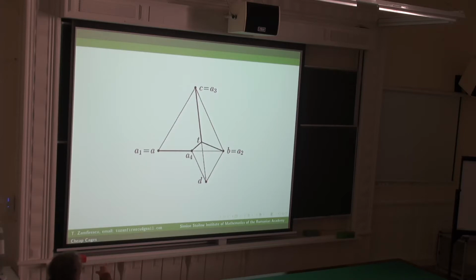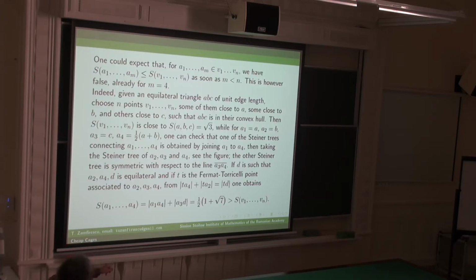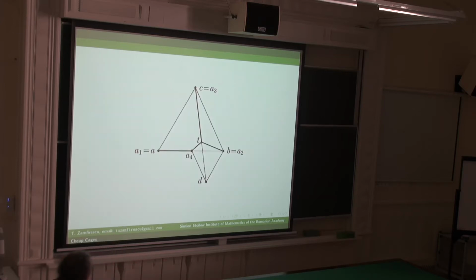It is this number, half of 1 plus square root of 7, which is more than square root of 3. But it is also clear because it is not the Steiner tree, this one here. And the Steiner tree is a minimum, and this is only one minimum. So this is more than that.